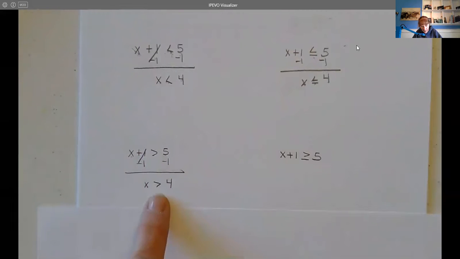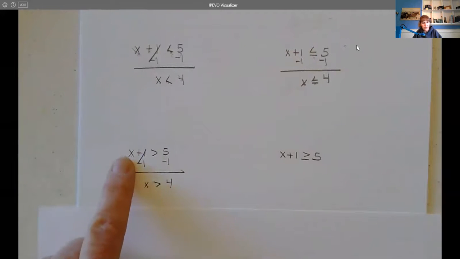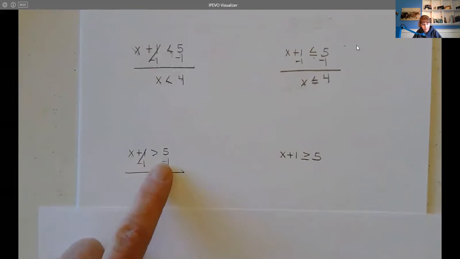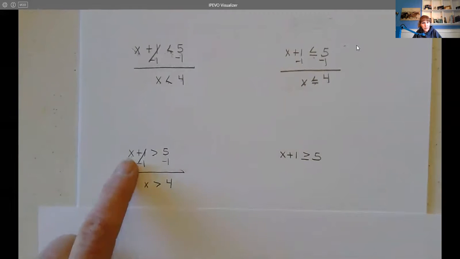So anything greater than 4 will work here, like 5, which is greater than 4. 5 plus 1 is 6, which is bigger than 5. Or 7, because 7 is bigger than 4. 7 plus 1 is 8, which is bigger than 5. So that open end points towards the larger number.